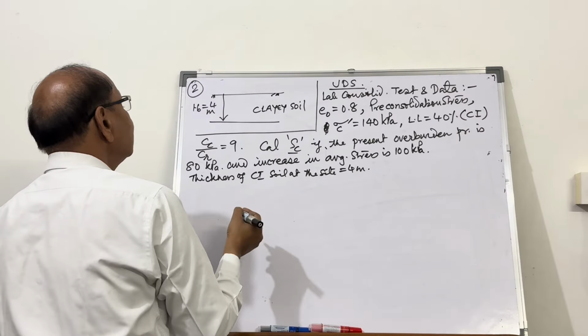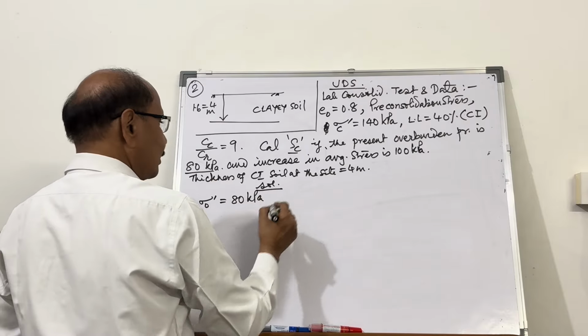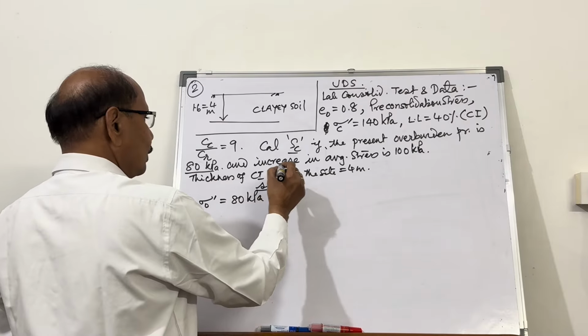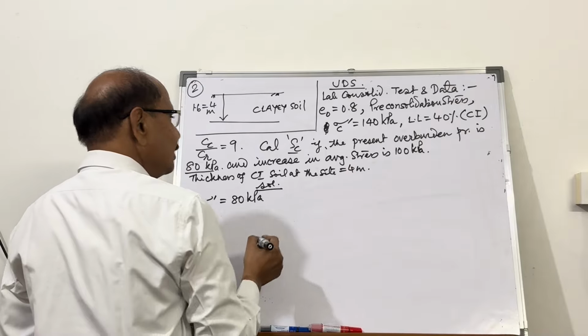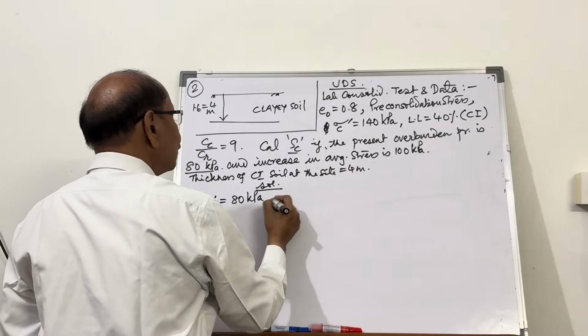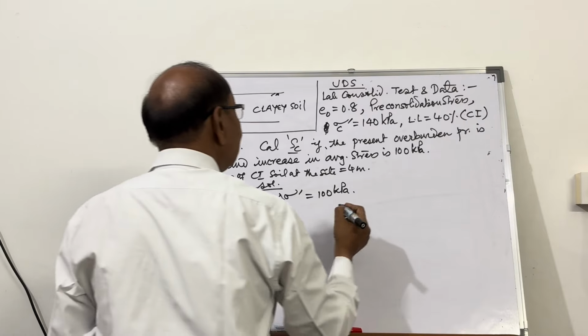The present overburden pressure is 80 kPa, and the increase in pressure due to any external loading, the increase in average stress, is 100. So delta sigma prime is 100 kPa.